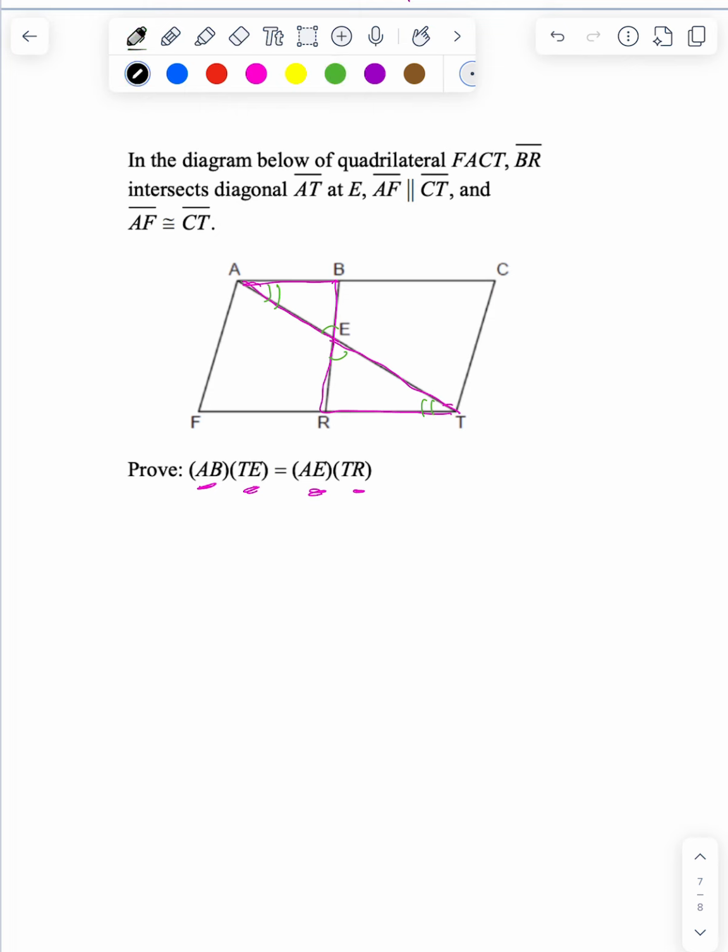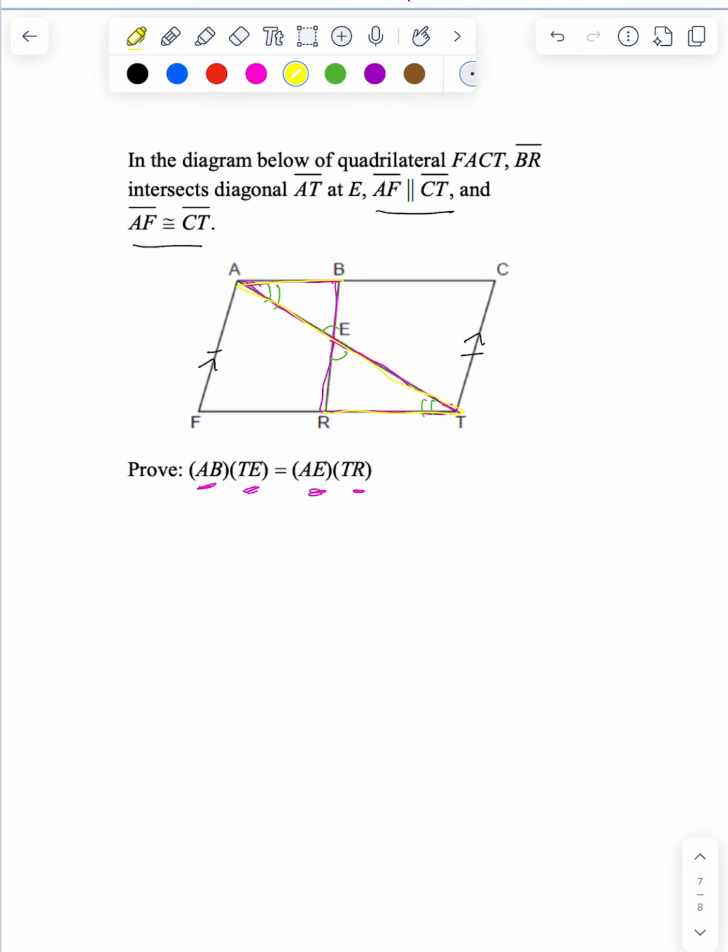And if we read through the givens, they tell us that AF is parallel to CT, and AF is also congruent to CT, but that doesn't give us the lines we need parallel. We need AC and FT parallel because those are the ones forming the letter Z for the alternate interior angles that we need.